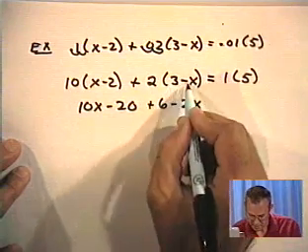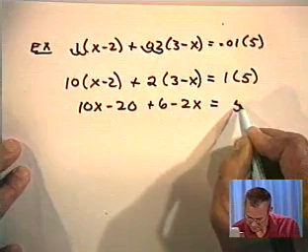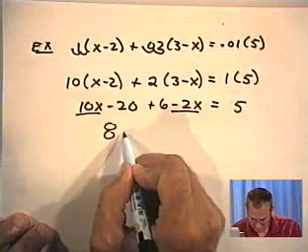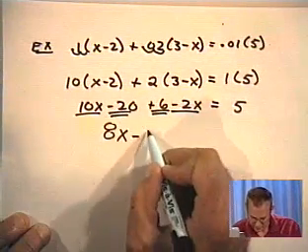And this gives me 6 minus 2x. We'll combine like terms. Negative 14.